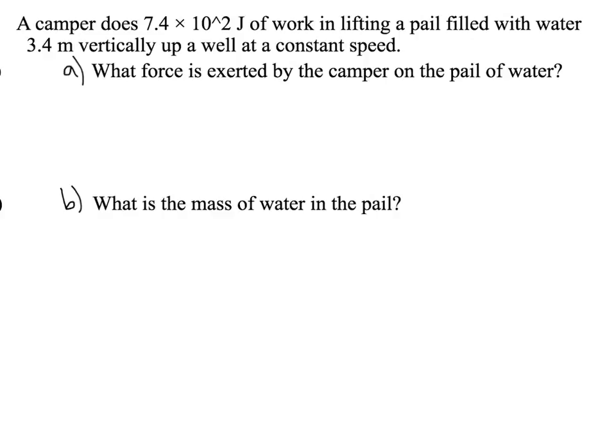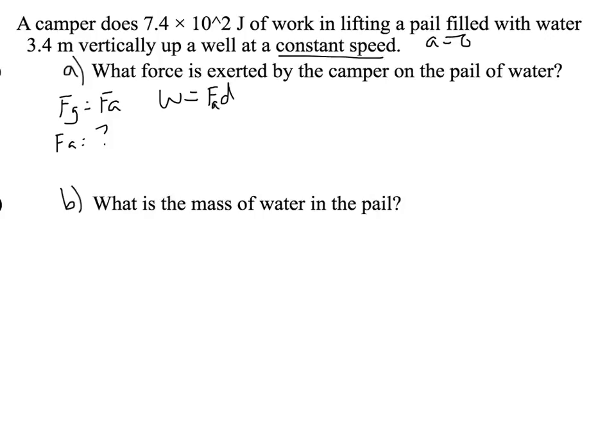Okay, like one of the previous questions, in this case we are at constant speed, therefore a equals 0. So we can say that Fg must be exactly equal to the F applied to lift the pail of water up. So in this question, we are looking for F applied. Same equation, W equals Fd.